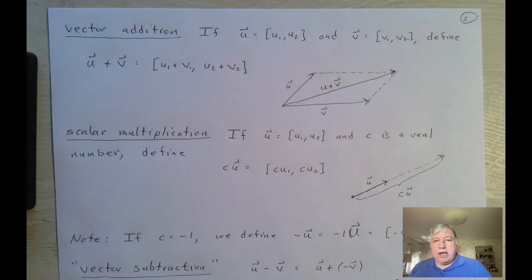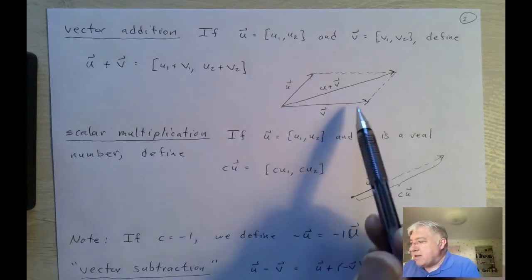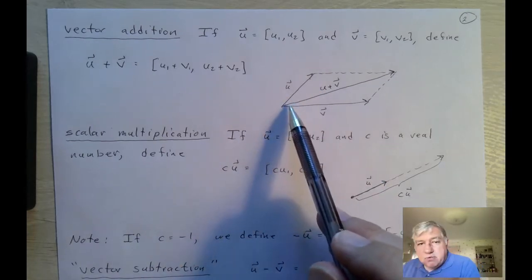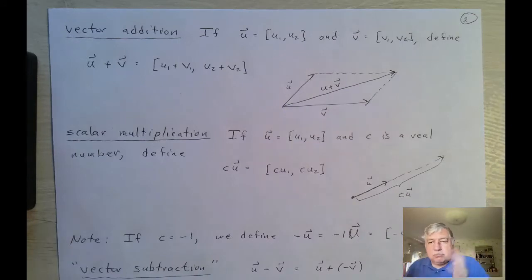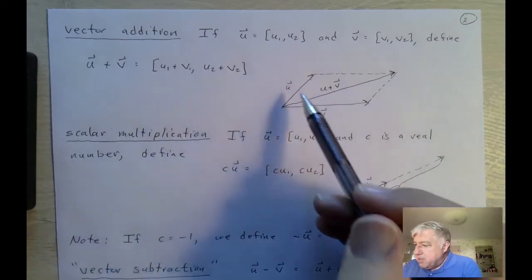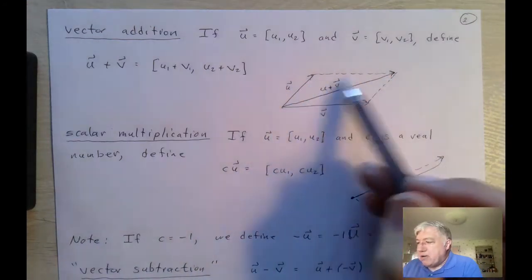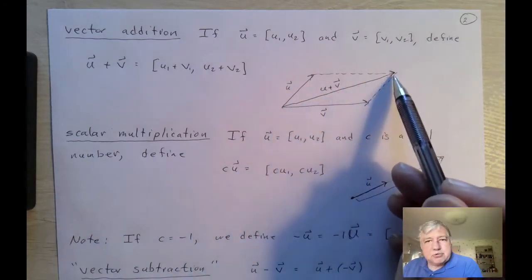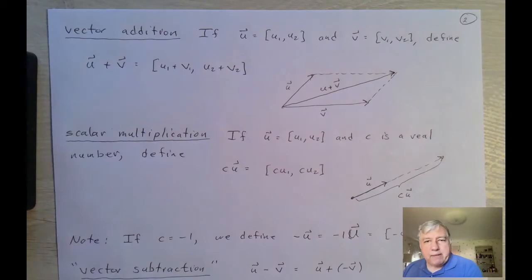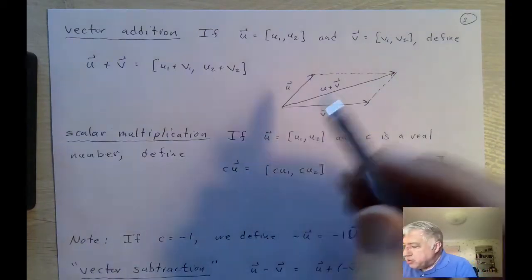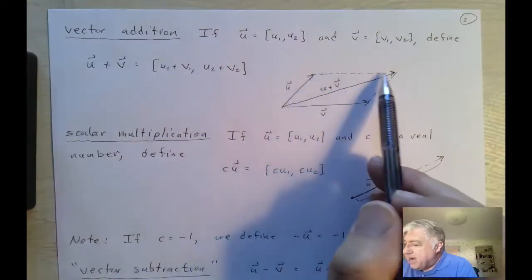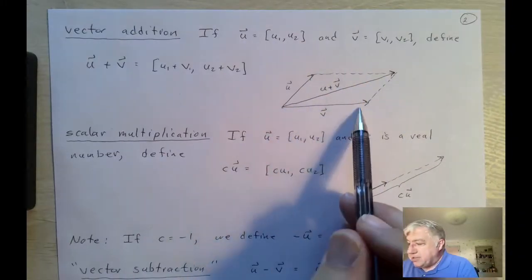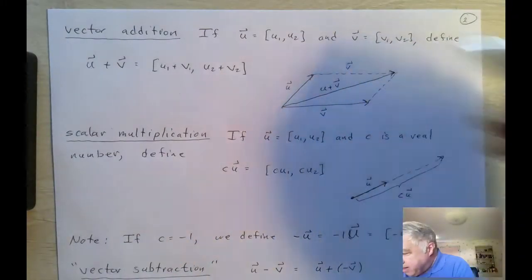Geometrically, what this means is if u and v were vectors like this, not parallel or multiples of each other, they determine a unique parallelogram, and the sum is just the diagonal of that parallelogram. The reason this works is that this directed line segment is really the same as this one, so we could write it as v.